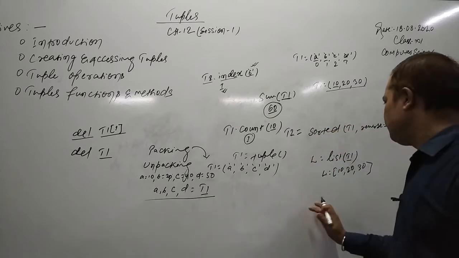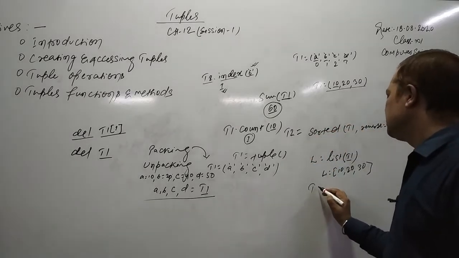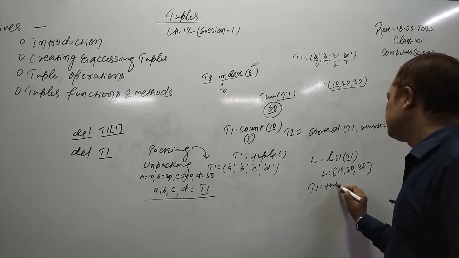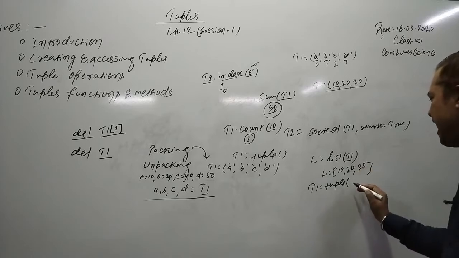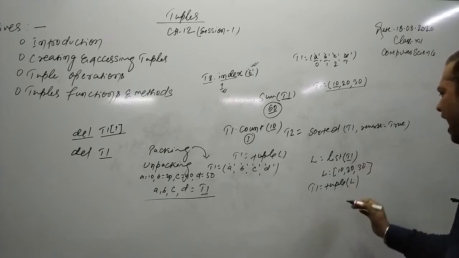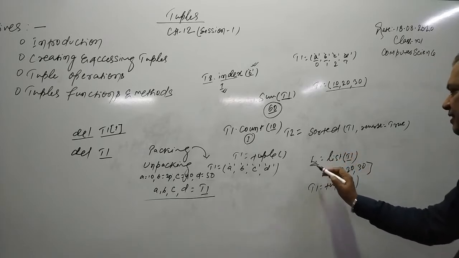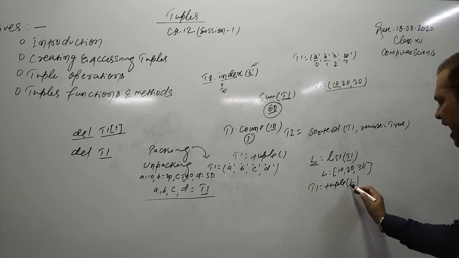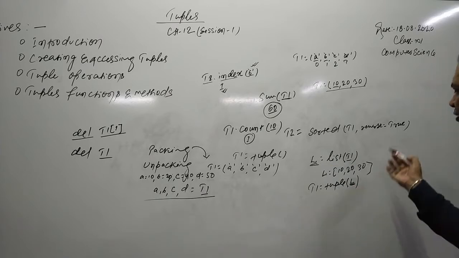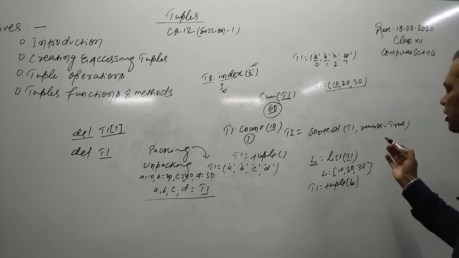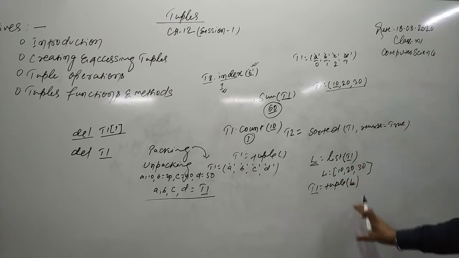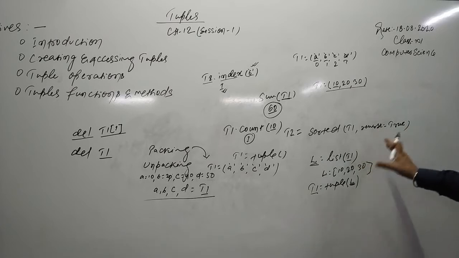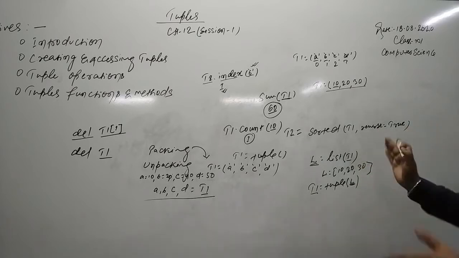Now with tuple, if you pass T1 equal to tuple, and as you know, it creates a tuple, and then you pass L here, and L you know is a list. So you are passing a list as a parameter to the tuple. It will take each element of the list and store it in the tuple T1. This way, list and tuple can be used interchangeably.